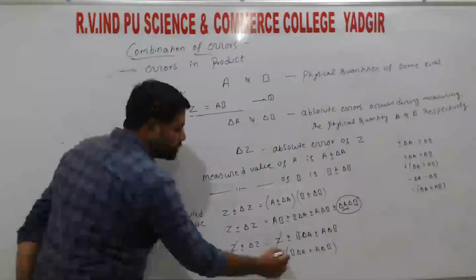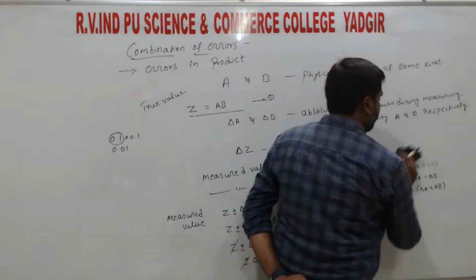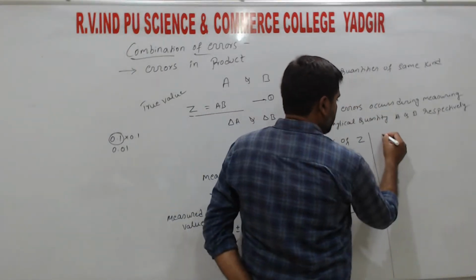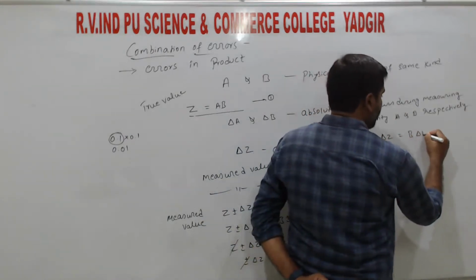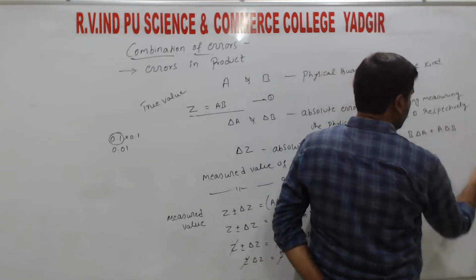So plus or minus get cancelled. So delta Z equals B delta A plus A delta B, right?